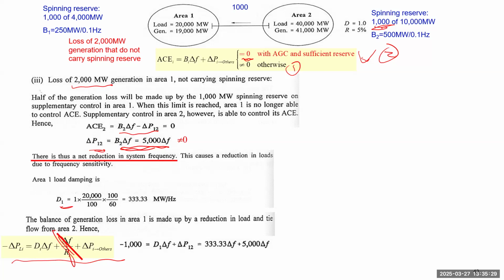And if we do the calculation, we'll plug in the value here, so we can calculate delta f, which is negative 0.1875 hertz. This is the frequency deviation of the entire system. So we bring this value here so we can calculate tie-line flow.